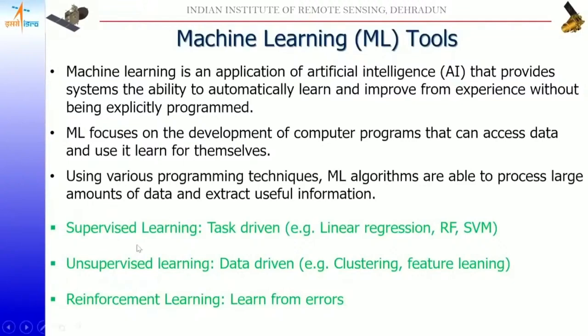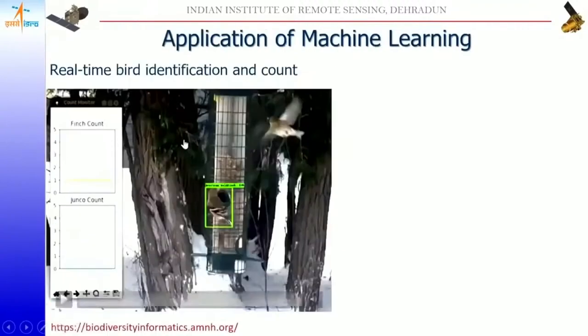These two are very important from the remote sensing perspective, and the other one is important in robotics or other deep learning applications that we use.